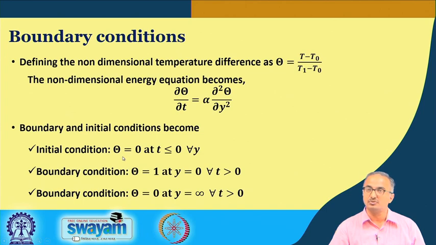So, theta is equal to 0 is the initial condition, and the boundary condition is that at the boundary y equal to 0, the temperature is taken to be T1. So, we put T equal to T1 here, so theta is 1 at y equal to 0, and at infinity T is equal to T naught. So, theta is 0 at y equal to infinity for all time t more than 0.